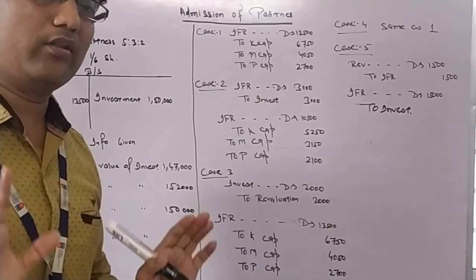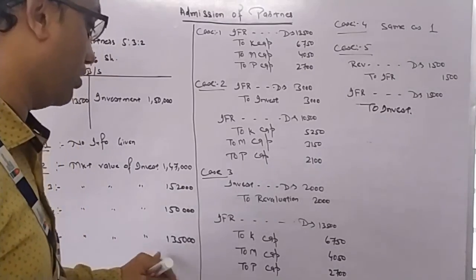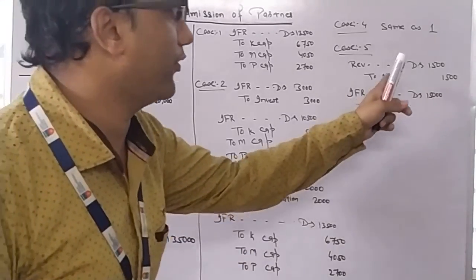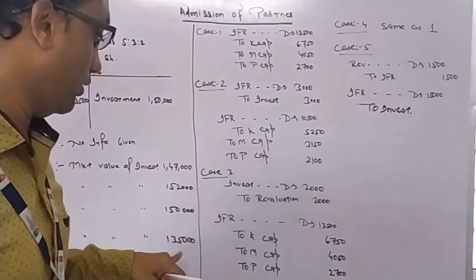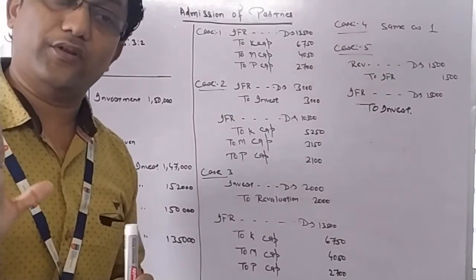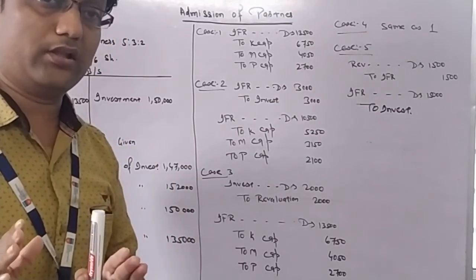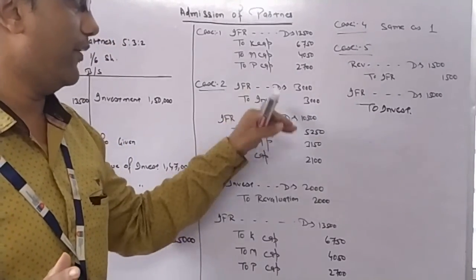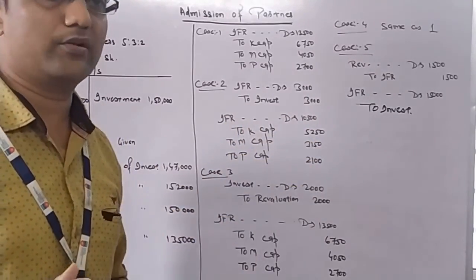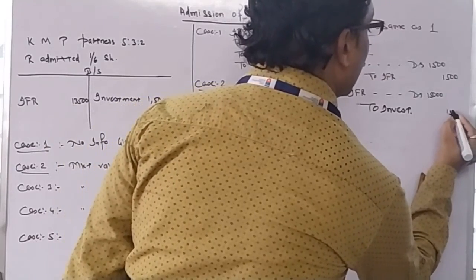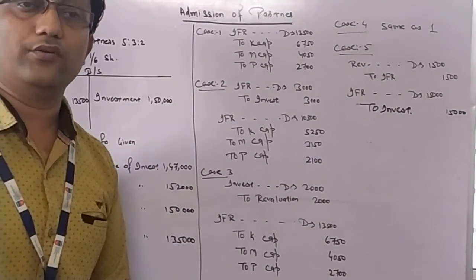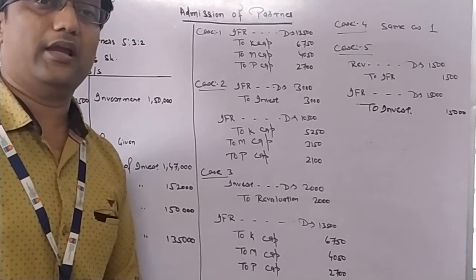Because I was in need of 15,000 to adjust this loss, I don't have it. I have only 13,500. First I have created 1,500 reserve: 13,500 old reserve plus 1,500 new reserve becomes 15,000. And I have a loss in asset of 15,000. Whenever I am adjusting loss with IFR, I need this entry: IFR account debit to investment account 15,000. So this is the treatment, students, we need to do for IFR and WCR.